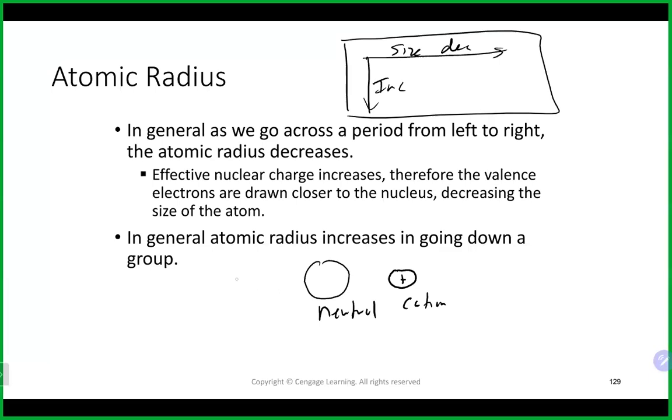If a neutral atom becomes negatively charged as an anion, it actually becomes larger. When somebody gains electrons, the opposite occurs: they gain more electron density, and the size of the anion gets larger because there are more electrons in there. In a neutral atom, this is the trend we see on the periodic table: it increases as you go down and to the left and decreases as you go up and to the right.